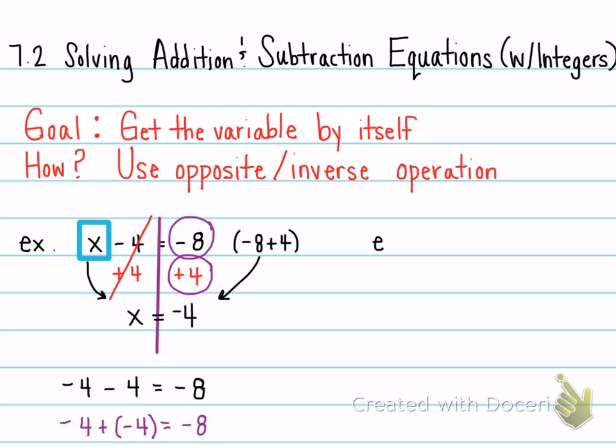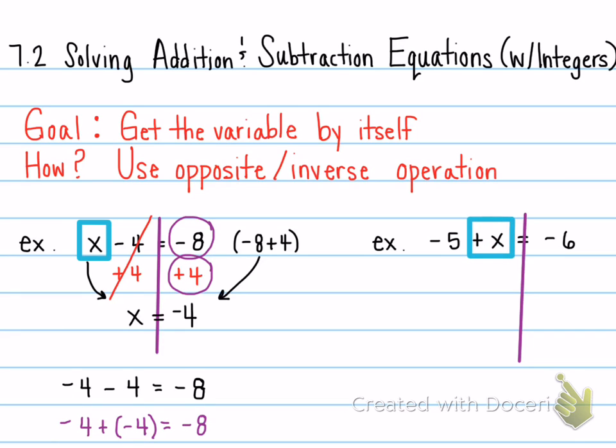Let's say, for example, you have -5 plus x equals -6. Again, I am going to draw the line down the center of my equal sign to show both sides of the equation. So our goal again is to get the variable by itself.